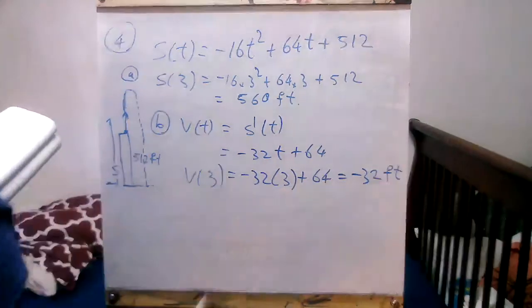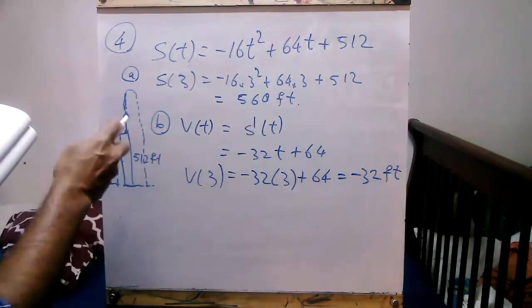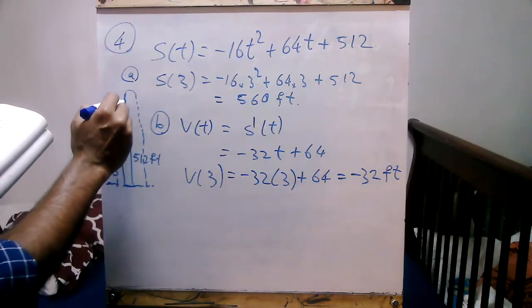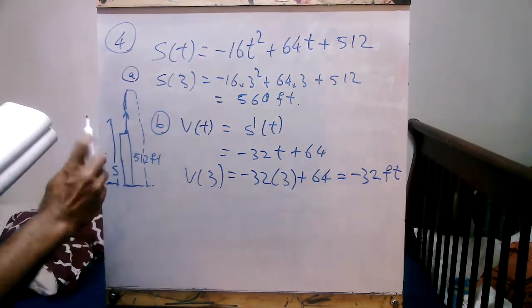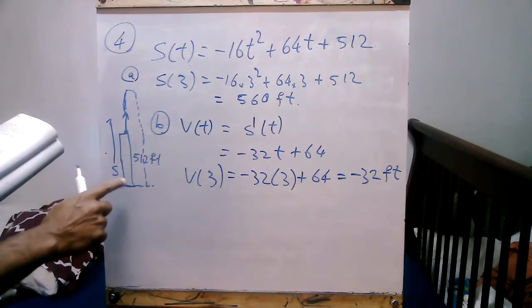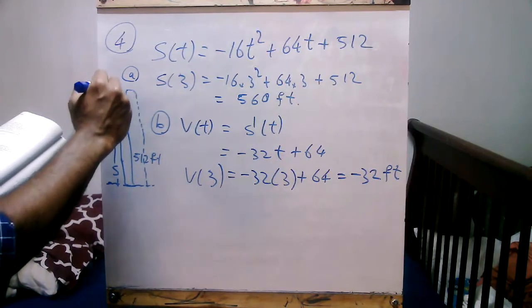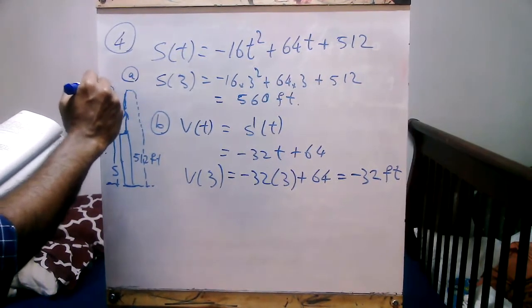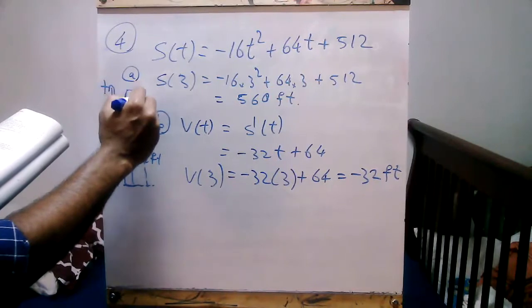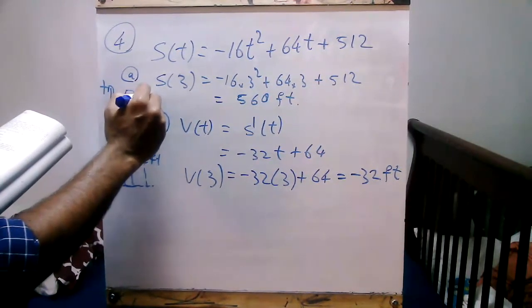You may wonder what this negative means. Velocity is negative, that means it reached the top and is coming down. We select the upward direction as positive. That means when coming down, anything in this direction is negative.